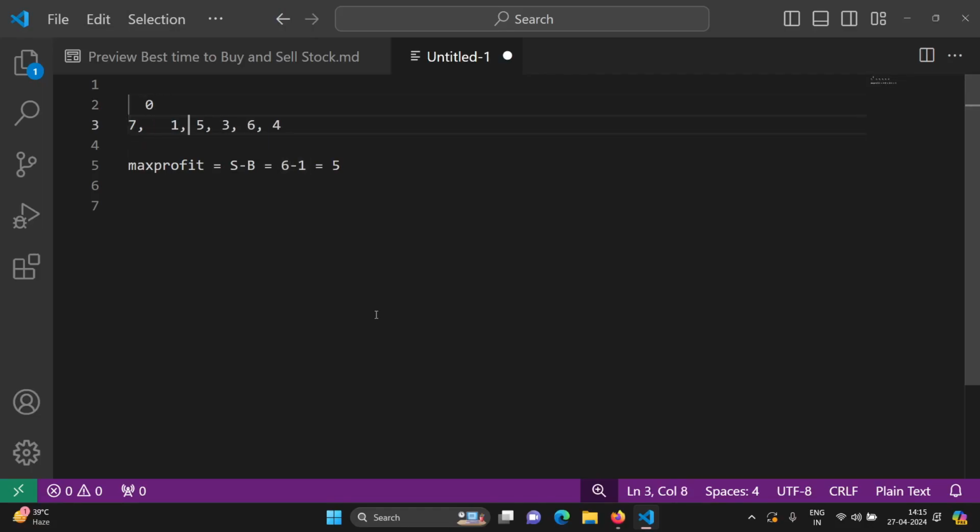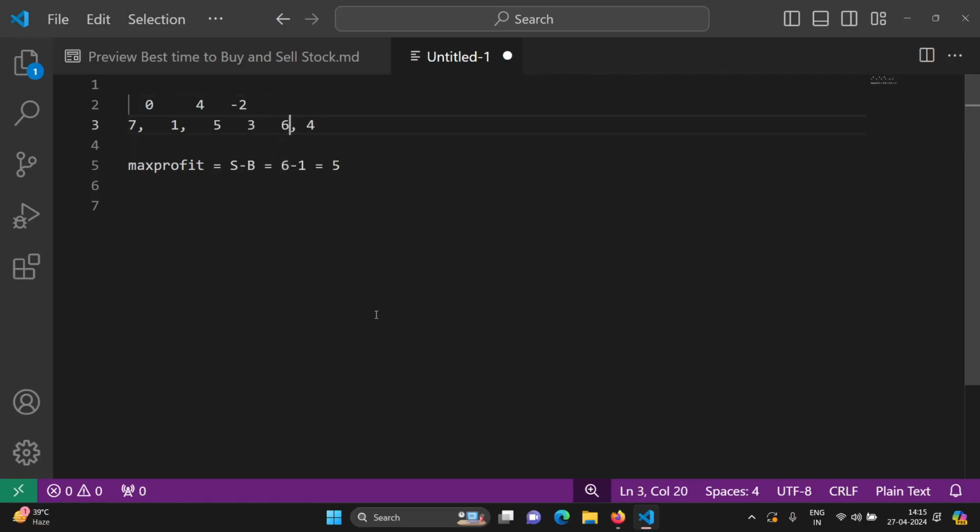If I bought on first and sold on fifth, I would make a profit of 4. If I bought on fifth and sold on third, I would make a loss of 2.